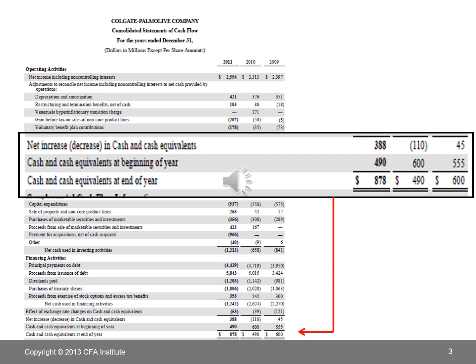There was a decrease of 110 million for 2010 and a 45 million increase in 2009. An overall 323 million net increase in cash over 3 years, from 555 million at the beginning of 2009 to 878 million at the end of 2011.